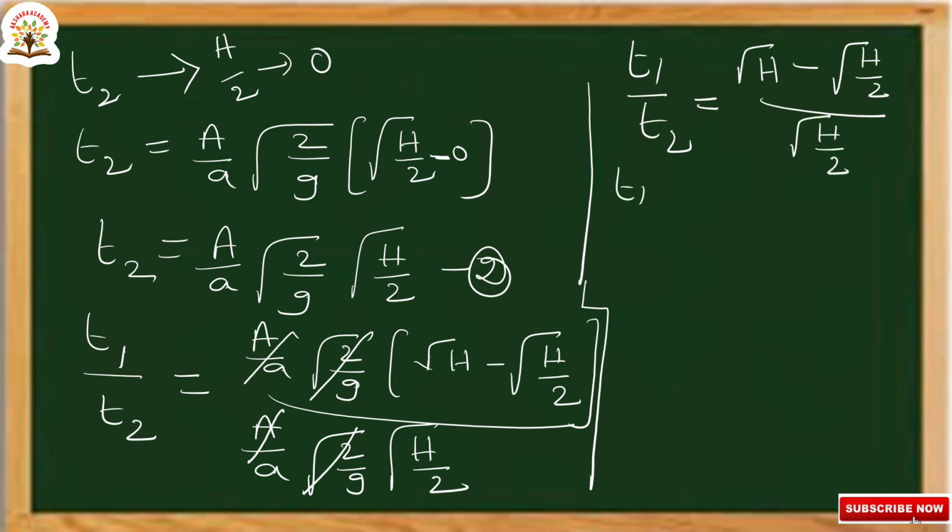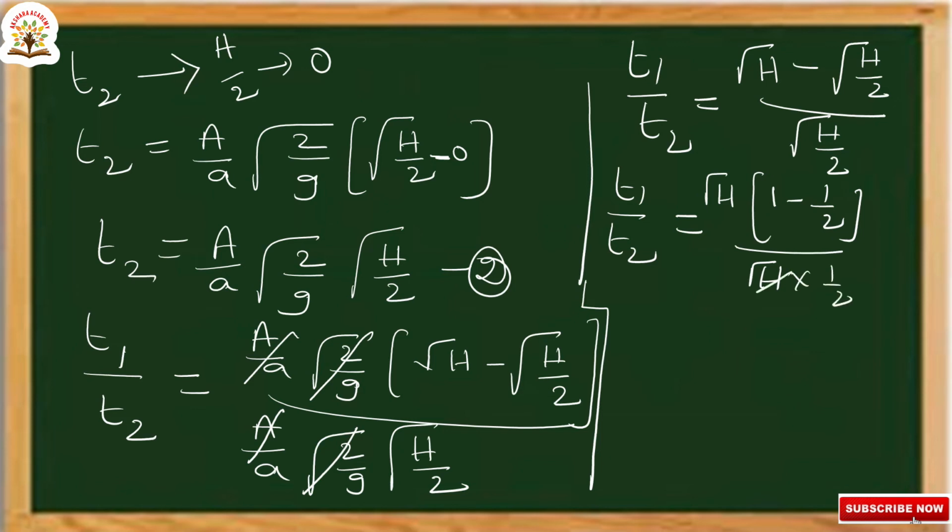Now taking root H as common in the numerator, 1 minus 1 by root 2, and in the denominator root H into 1 by root 2. Root H cancels.